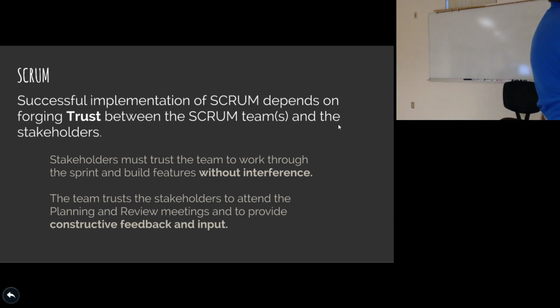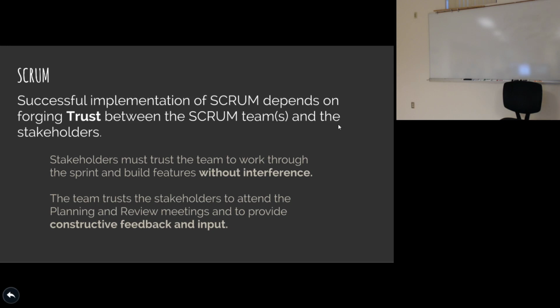One very important thing to keep in mind as you're doing Scrum is that trust is really, really important. And trust is something that everybody is responsible for, from the CEO down to QA or developer. Everybody is involved in forming that trust. And the trust goes both ways.